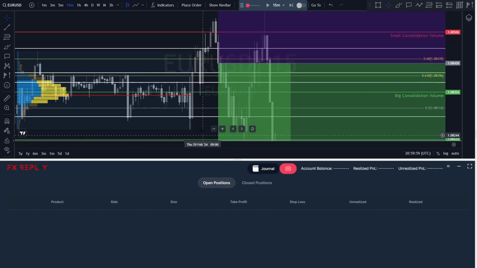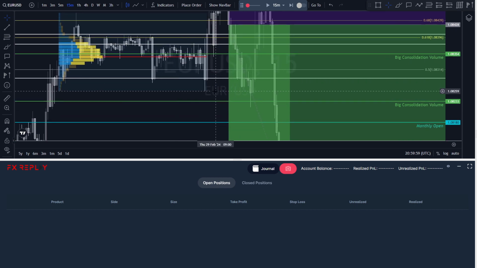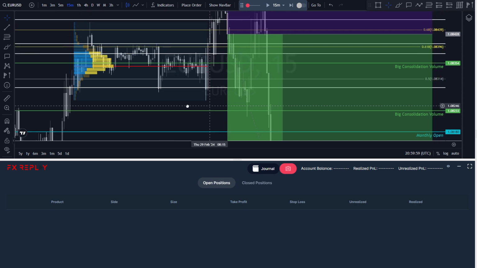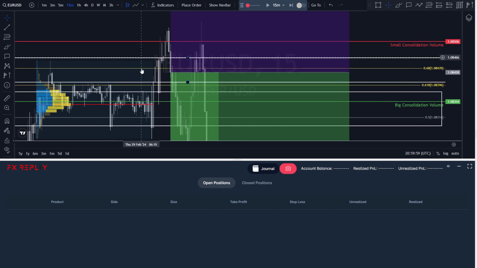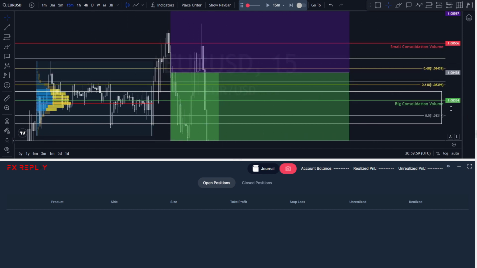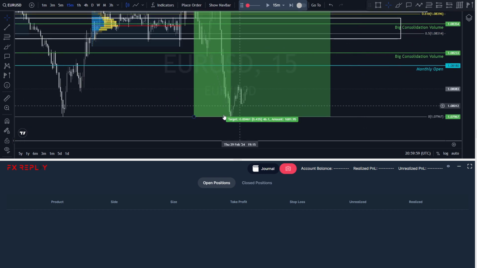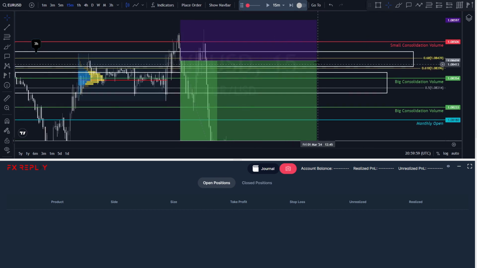Take profits were at the consolidation low with a little breathing room to the downside because of this strong volume area. So we had the AMD cycle, then we had the volume area, 3-hour order block, and my second take profit was at the swing low, of course.